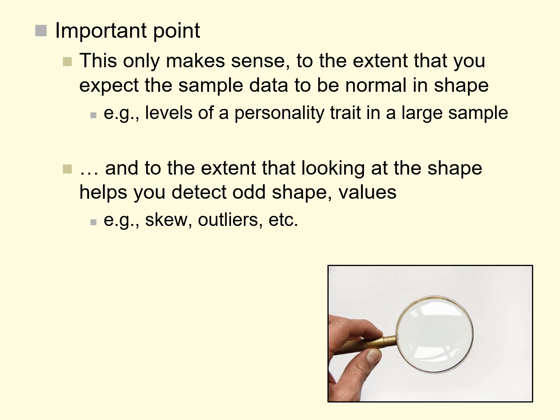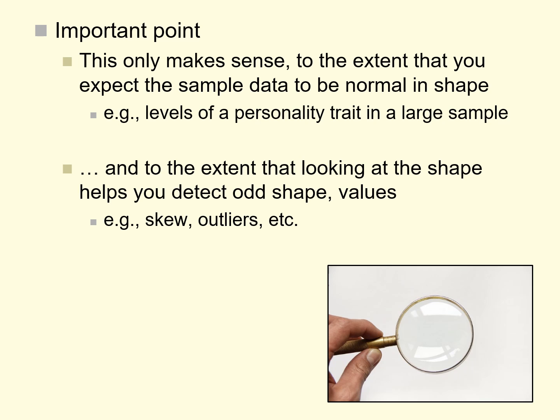And there may be situations in which you do. So for instance, if you gathered a fairly large sample and you measured a variable which you think is kind of normally distributed, like say the level of a personality trait, you might well expect to see a normal distribution in your sample. And if you didn't see one, you might think, well, that's odd, maybe there was a mistake, maybe something went wrong with our recruitment, and so on.